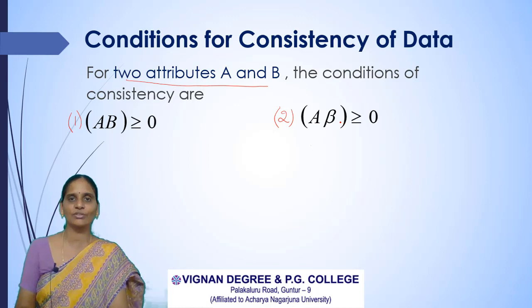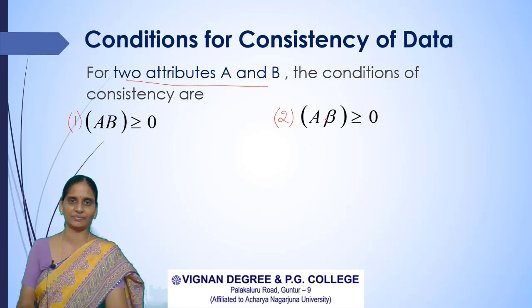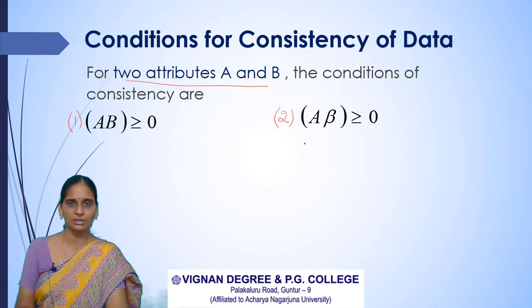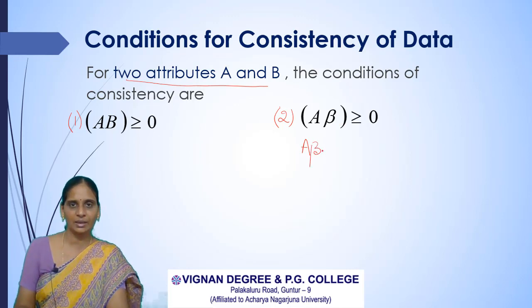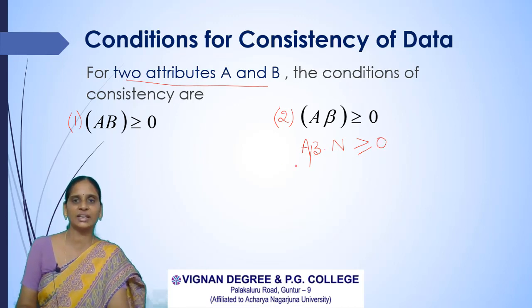Again, frequency of A beta can be expressed in the letters AB, A and B. So we can write frequency of A beta into N, which is greater than or equal to 0.